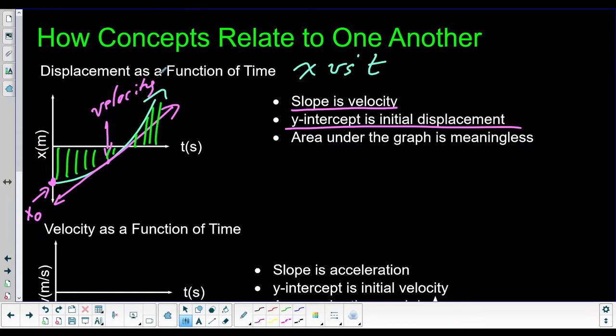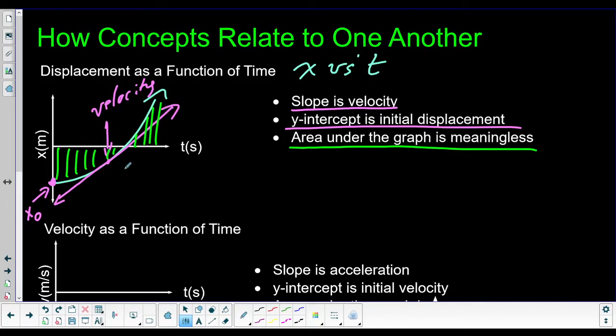For a displacement as a function of time graph, the area under the graph is absolutely meaningless. It doesn't tell you any physical quantity about real life. It's a math thing that you can absolutely calculate and figure out, but it doesn't correspond to any real life thing. In fact, let's look at the units of it.